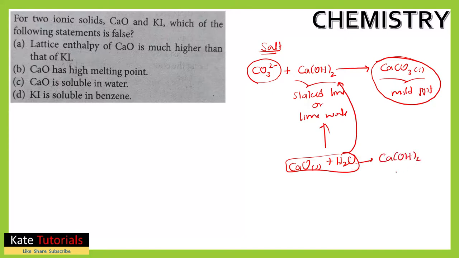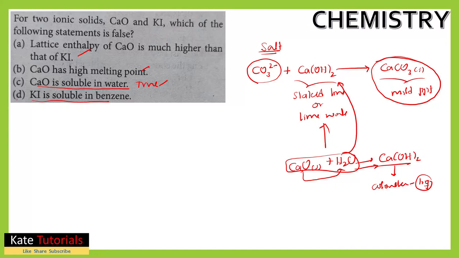It is a colorless liquid, it doesn't have any color, it looks like water only, and it is an aqueous solution. So calcium oxide is soluble in water to form lime water, or slaked lime. So this statement is also true. So this is true, this is true, this is true, and the remaining statement should be our answer.